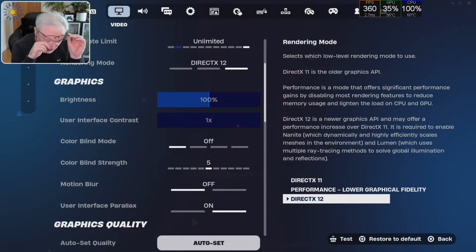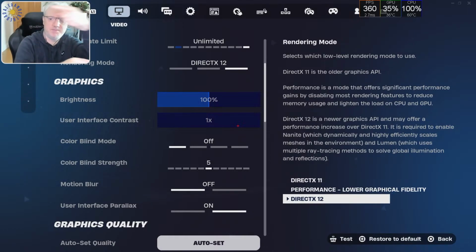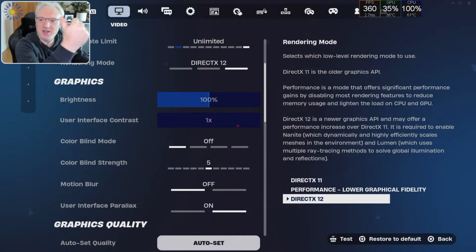Whereas DX12 is doing more, but it's a newer technology, so it does better multi-threading. It utilizes the GPU better. So you'll notice the GPU for me, over there, I can never work out which way I'm pointing because the thing's backwards, it's higher. It's 35% right now, the GPU.